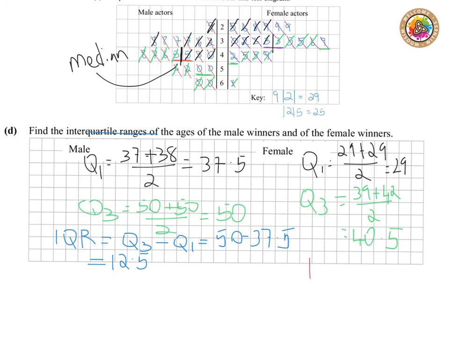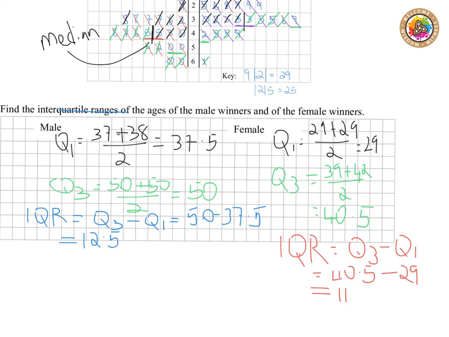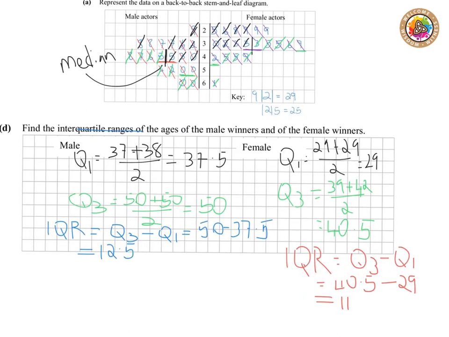So the interquartile range for the females is going to be again Q3 minus Q1, which is 40.5 minus 29, which is an interquartile range of 11.5.